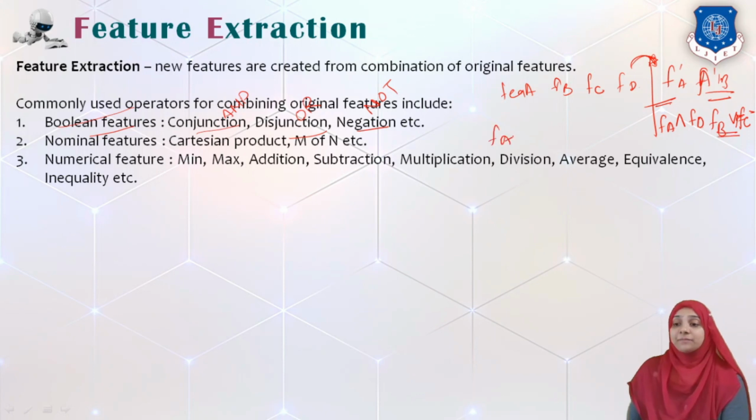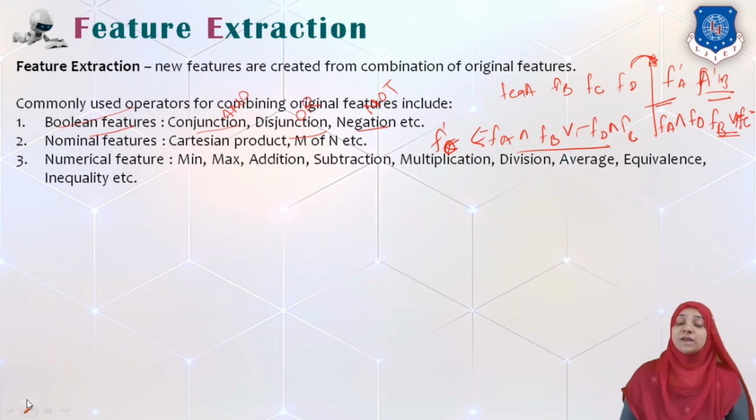Or I can have feature A and feature B, or not of feature D and feature C. So this is nothing but an example where we combine some set of original features and produce some new features, like F'C. This is a simple example of how Boolean features can get combined.